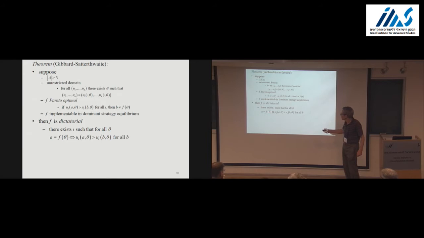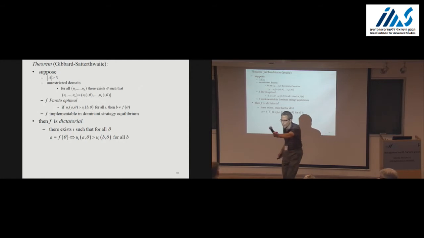If A is optimal in state theta, then it must be the case that the dictator, I, prefers A to any other outcome, B. And since in a democratic or reasonably egalitarian society, we don't like the idea that there's a single individual who is determining all the outcomes, we tend to view this as a negative result. Yes, and please use the mic.